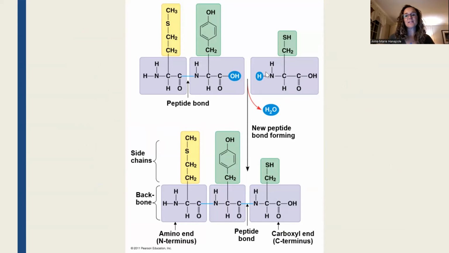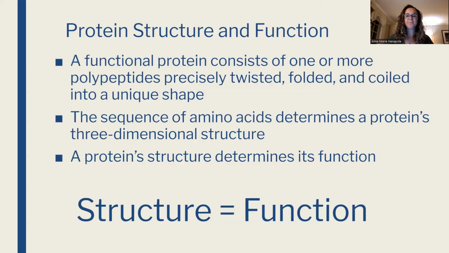And then you're putting it together with that dehydration synthesis reaction. This end is going to be your C-terminus because that's the end closest to that carbon end. So once they're all bonded together, you're going to have a backbone that goes nitrogen, carbon, carbon, nitrogen, carbon, carbon, nitrogen, carbon, carbon. And that's going to keep repeating over and over as you go down that amino acid chain.